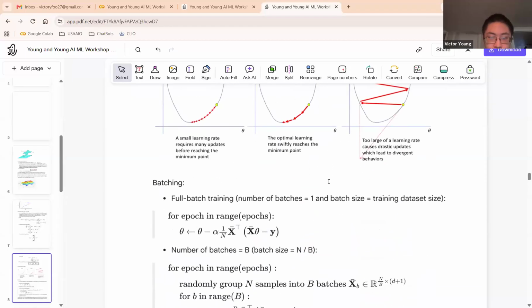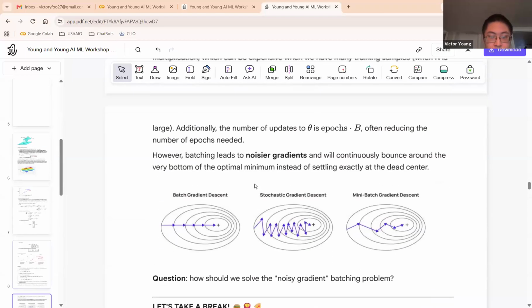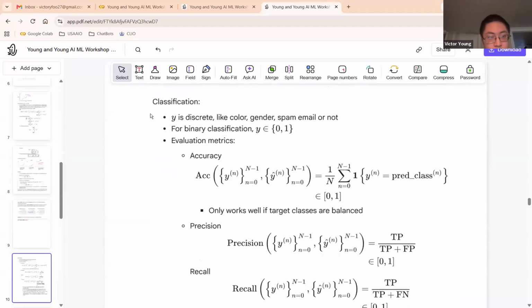We also talked about learning rate, and classification. In machine learning, the two forms of supervised learning are classification and regression. Regression is, of course, we're trying to predict a continuous number like housing price.